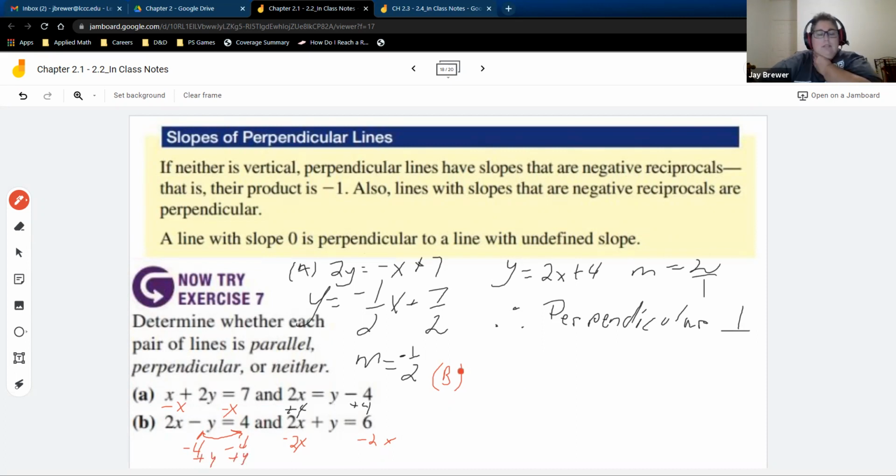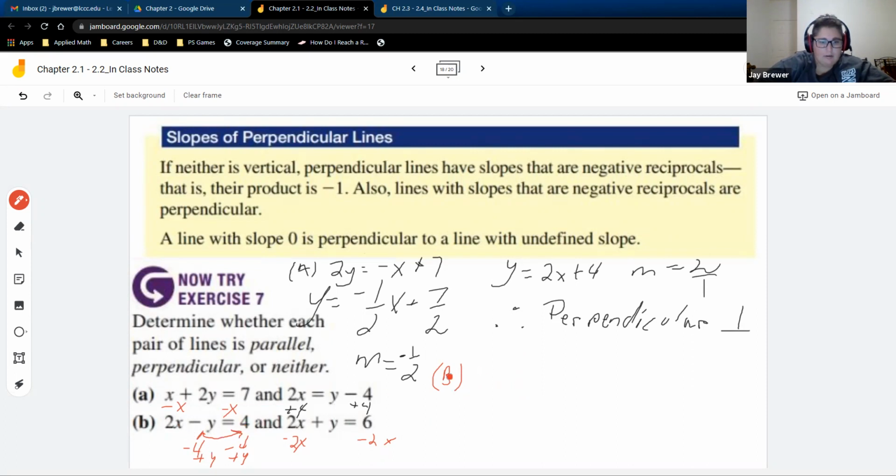I'm just doing this like this so you guys have enough room. Essentially, if you solve each piece for y, you're going to be able to compare slopes. So let's do this one first.